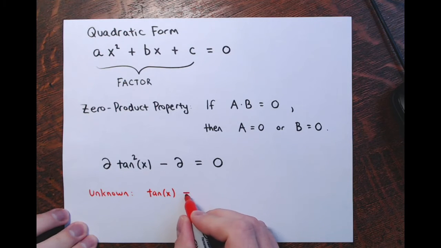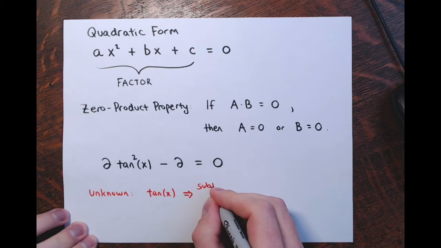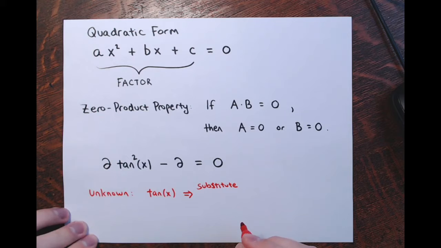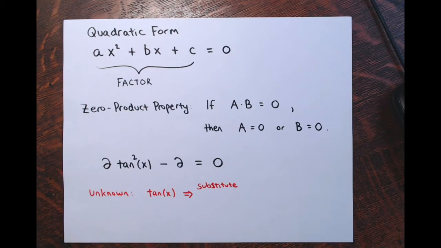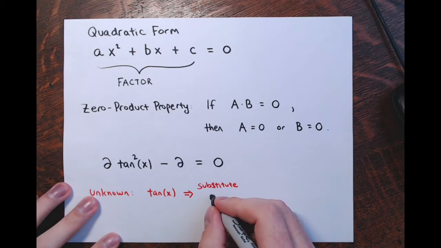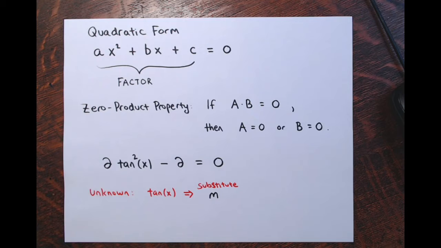And what they're saying to do is, hey, why don't you substitute some letter for this, just so you don't have to keep writing it over and over again. So say instead of the tangent of x, for now, we'll substitute back at the end when we need to find solutions. Let's call it, whatever you want, I'm going to call it m, just because. You can call it m, n, x, y, whatever you want.